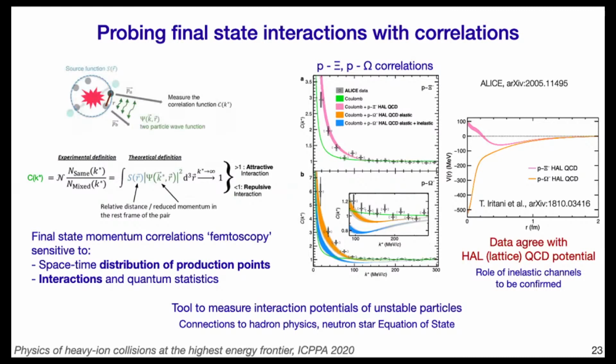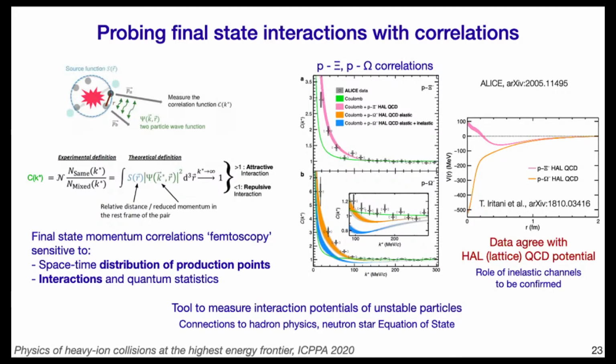If you know the space-time distribution of the production points, for example by measuring them with identical particles or with particles for which the interaction is very well known, then you can use this to study the interaction between unstable hadrons like the proton and the Xi baryon or the proton and the omega baryon.